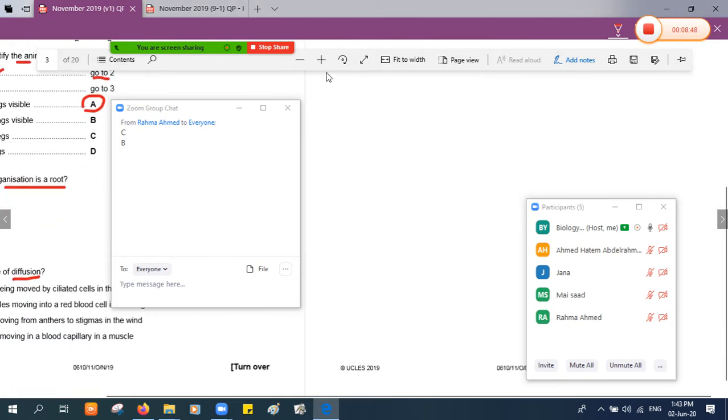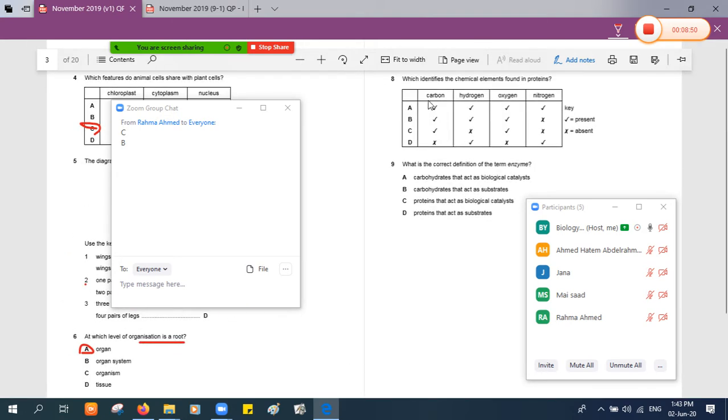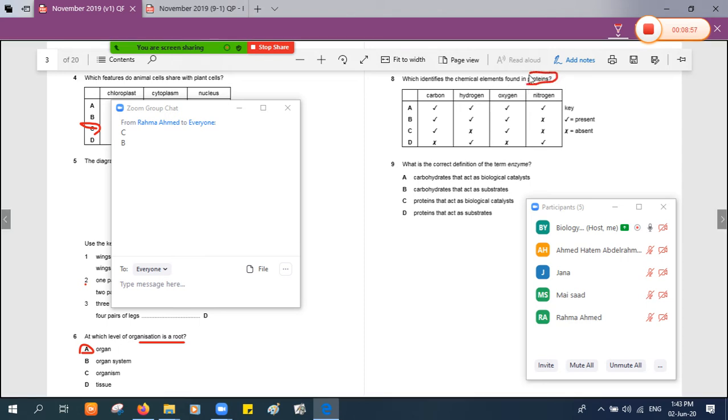Number 8. Which identifies the chemical elements found in proteins? Here we have carbon, hydrogen, oxygen, and nitrogen. So who can tell me A, B, C, or D? To make this question easy to answer, we have to know the main elements in protein.